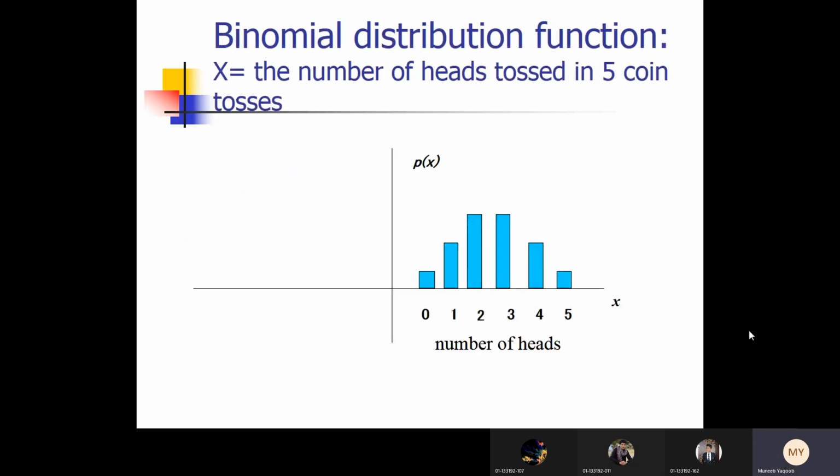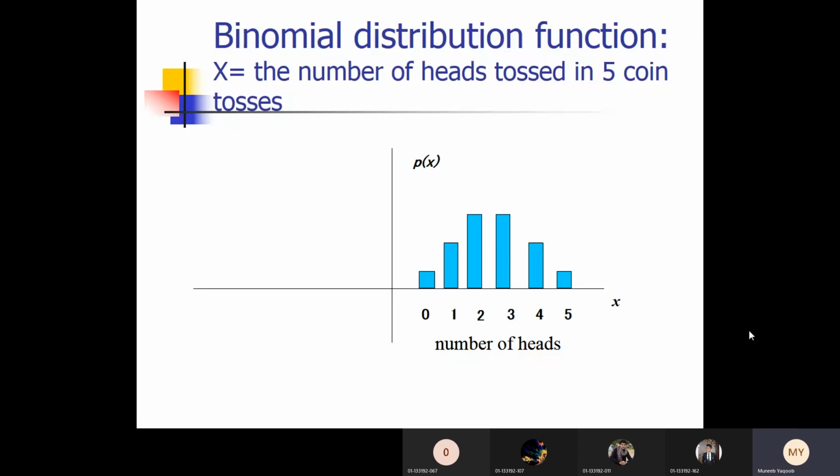Now, for 5 tosses, there could be a possibility that there will not be any head out of the 5 tosses. So we can compute the probability of x equals 0 using the formula. Similarly, for the probability of x equals 1, 2, 4, and 5, we can calculate the probabilities. And if we draw the probability distribution diagram for this problem, it would be just like represented in this slide, where there is a possibility that out of the 5 tosses, there are no heads, and similarly, there is a chance that all 5 tosses result in a head.